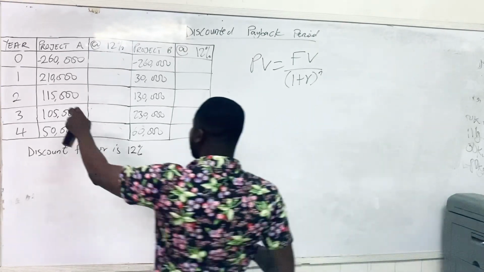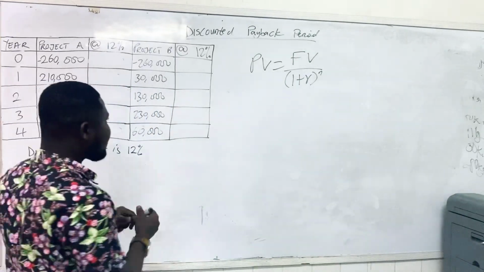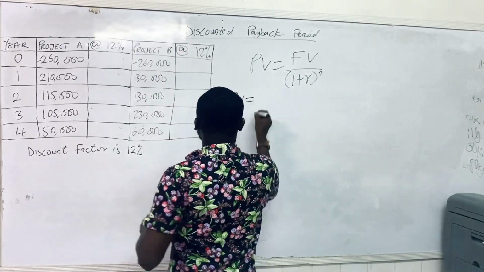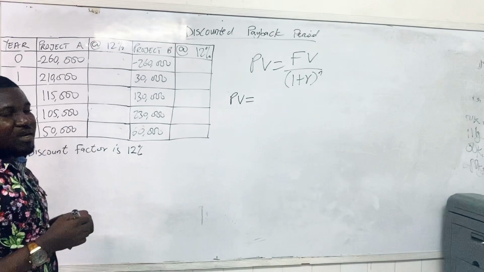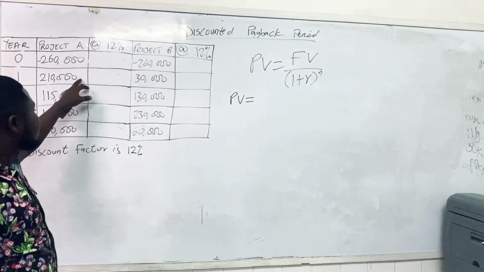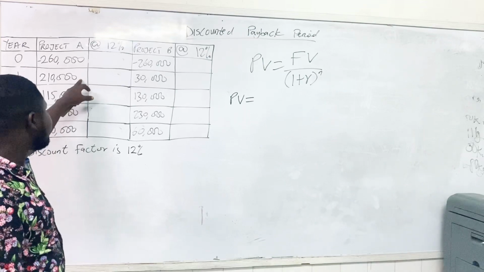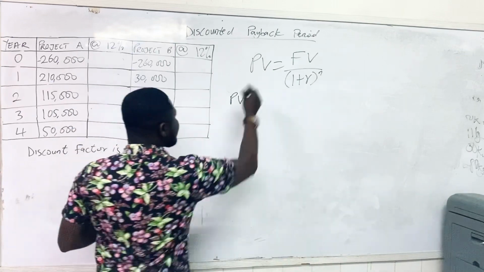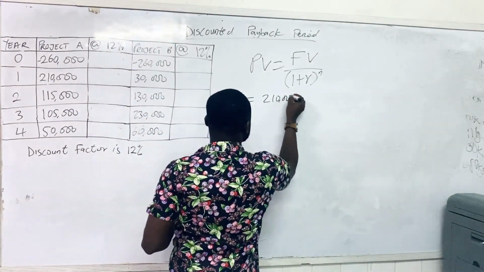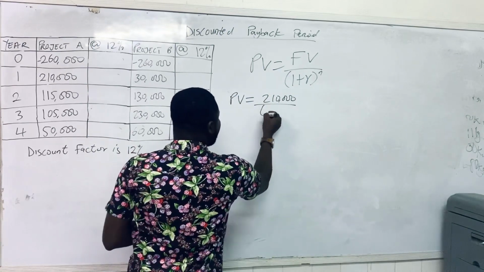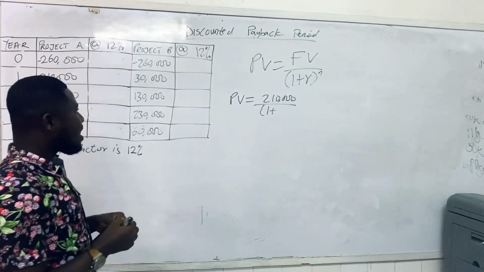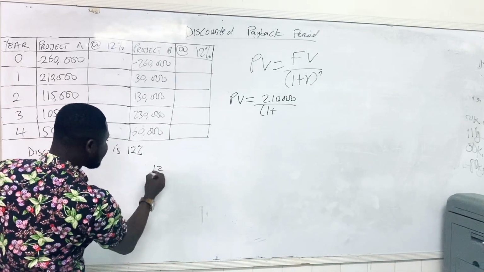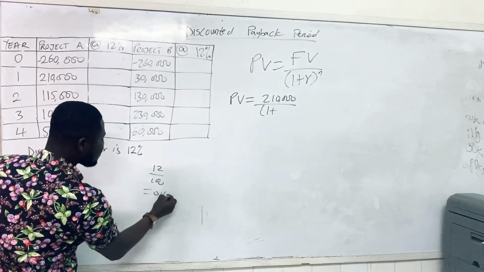So we take the first year under project A. Remember, our cash flows are all in future values, and so we are discounting them into present value. We have our cash flow for this first year to be 210,000. So our future value is 210,000 on 1 plus R. Our discounting factor R is 12%, and 12 divided by 100 is equal to 0.12, right?